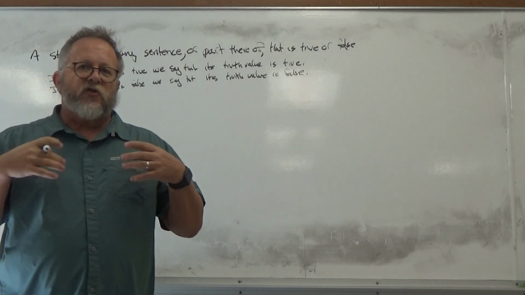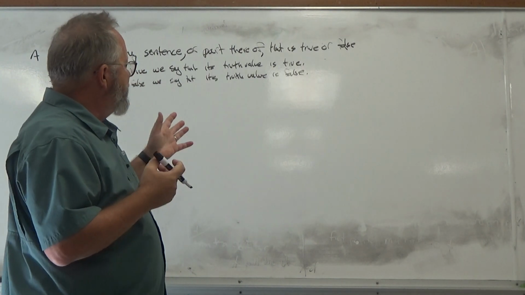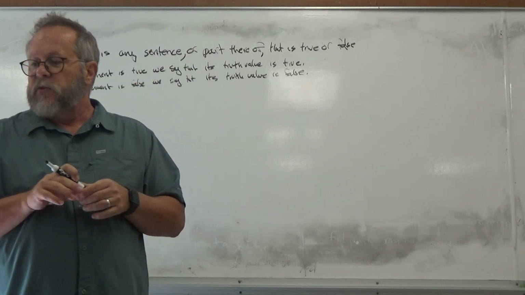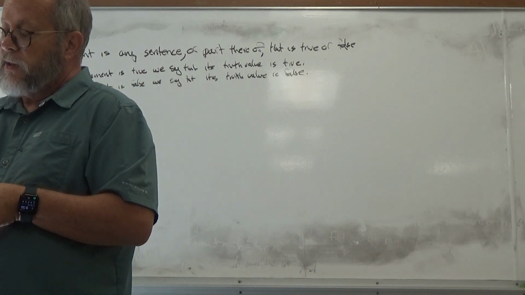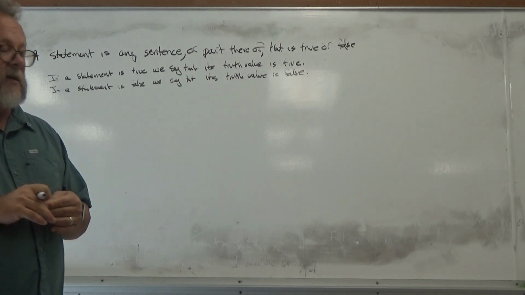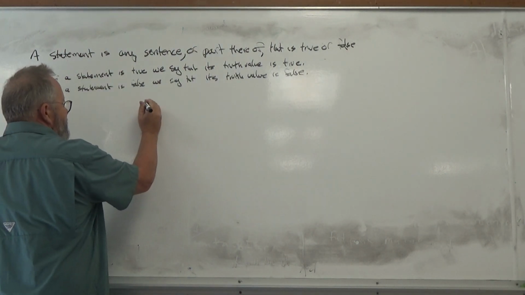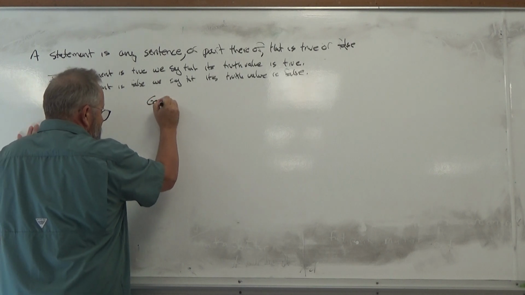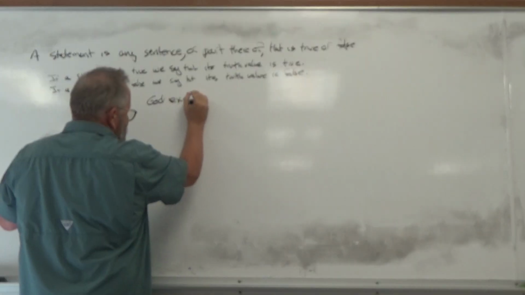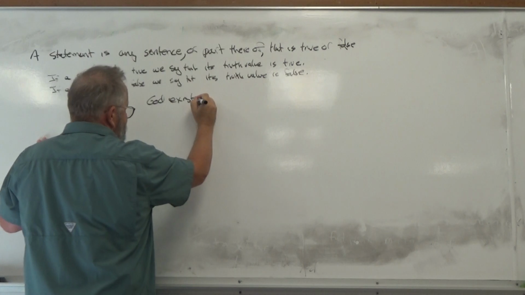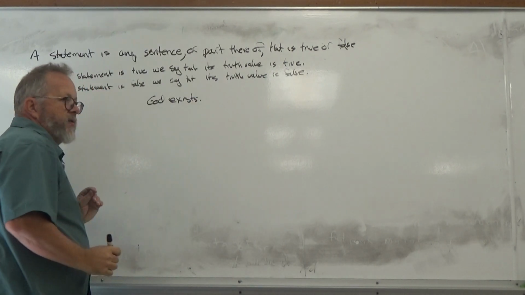I'm going to just start showing you how we're going to translate into a symbolic notation by taking on some sentences. Okay. So our first sentence is going to be this: God exists. Now this is something that's true or false, okay?